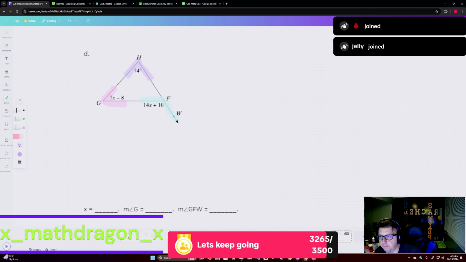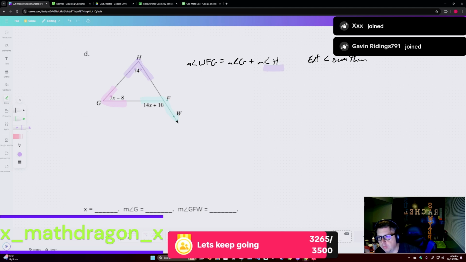Okay, so we have the measure of angle WFG equals the measure of angle G plus the measure of angle H. And this is the exterior angle sum theorem. And we did this practice problem.